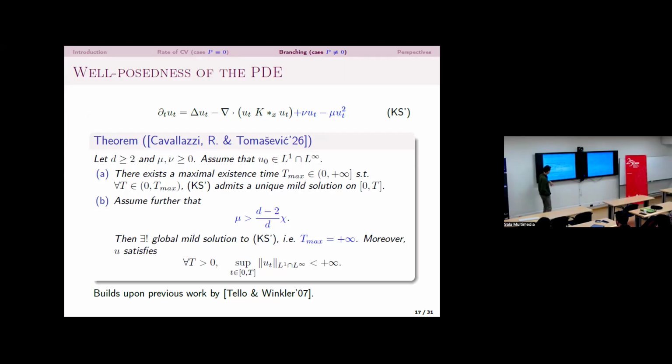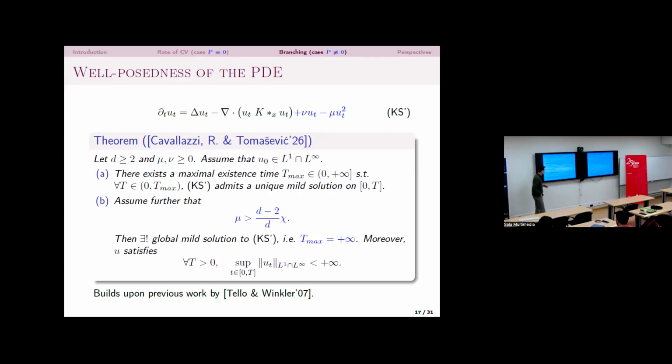It tells you the following. If mu is larger than (d-2)/d times chi, where chi is the attraction strength, then Tmax, the maximum time of existence, is infinite. So you have global solutions, so no blow up.